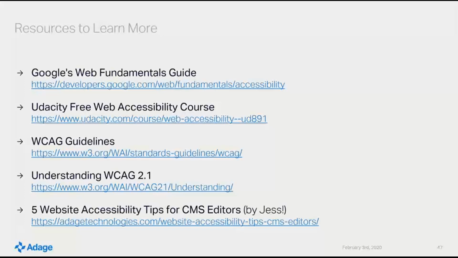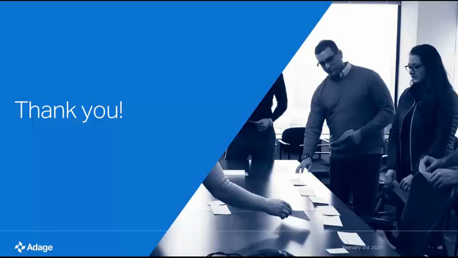And then there's also a blog post that I did a year or two ago that is 5 website accessibility tips for CMS editors. So that's on our Adage blog. Oh, and that's NVDA as the screen reader for Windows. Sorry.